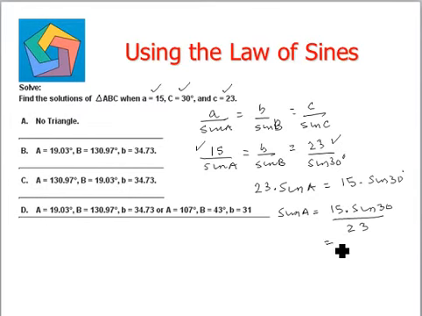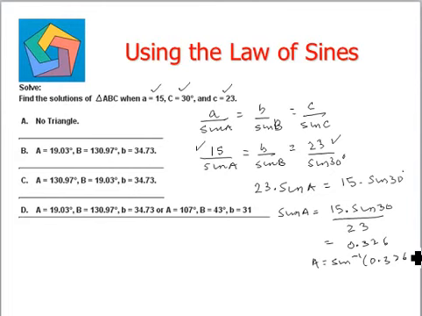Using the calculator we can find the value. Sine of 30 degrees is 0.5. So 0.5 multiplied by 15 divided by 23 equals 0.326. Therefore A equals sine inverse of this value.